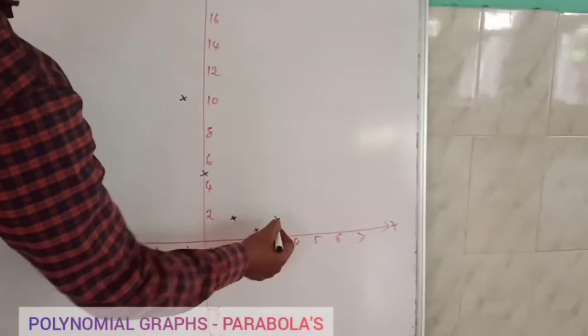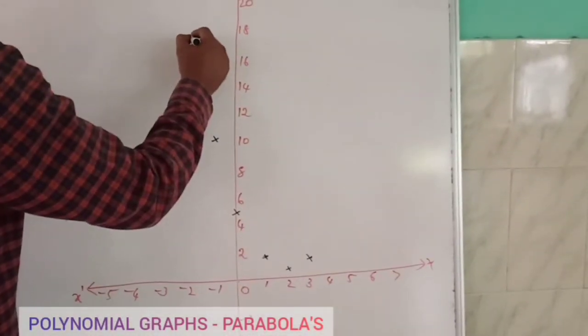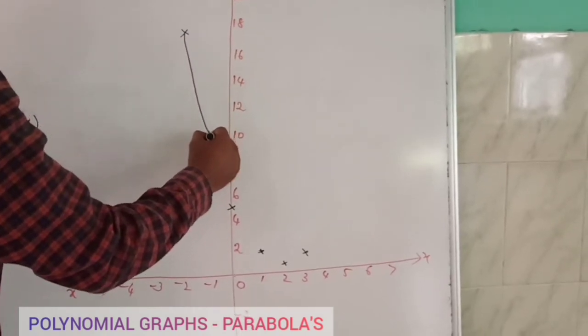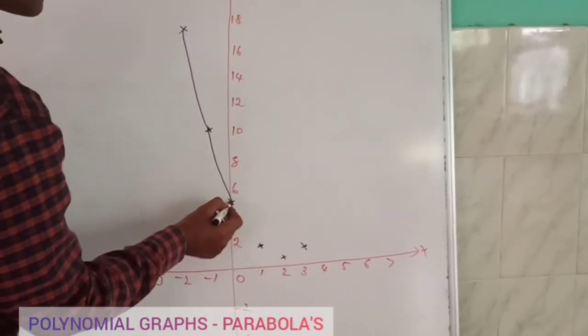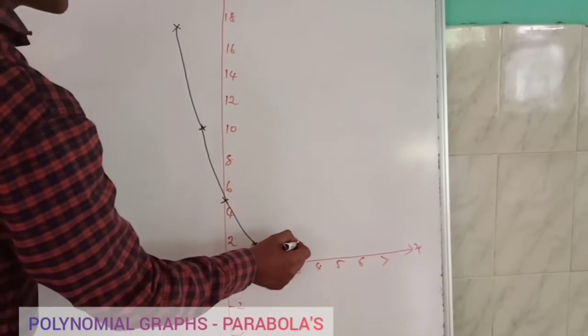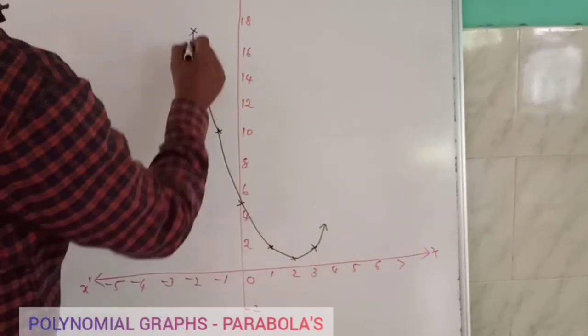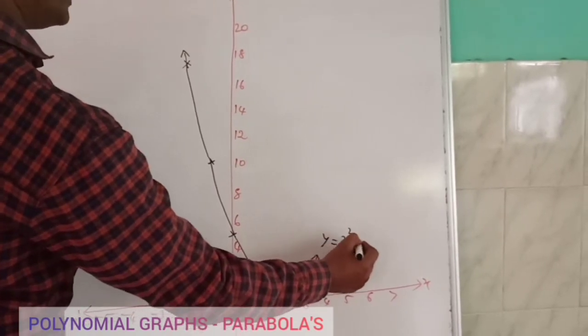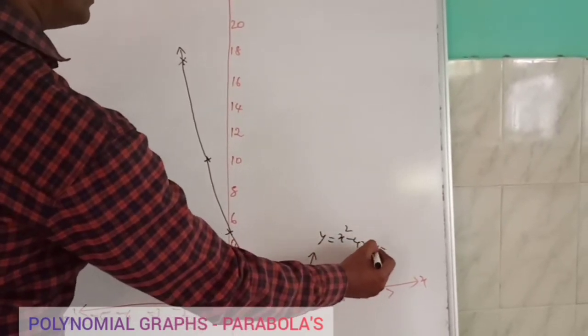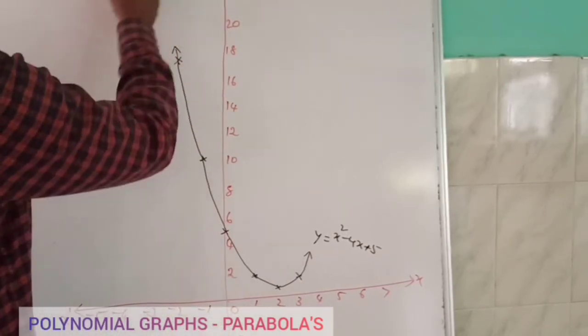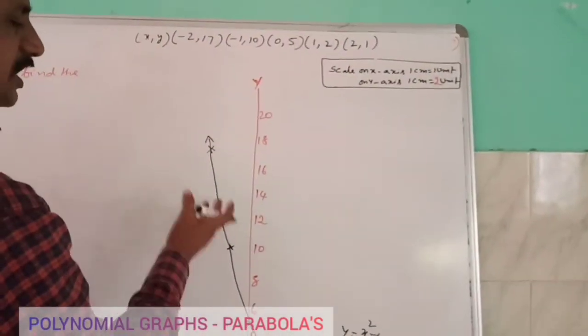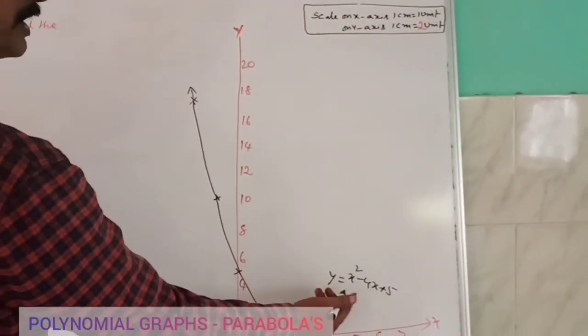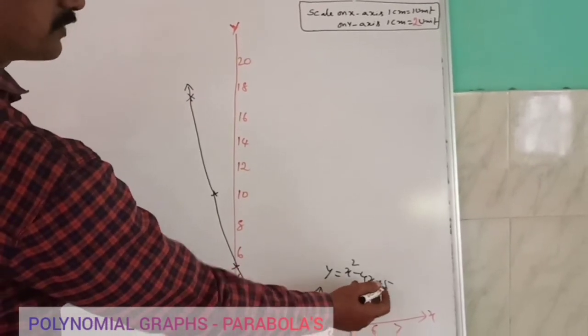These points are joined with a smooth curve, like this. It is y equal to x square minus 4x plus 5, a parabola. Then it gives the parabola y equal to x square minus 4x plus 5.